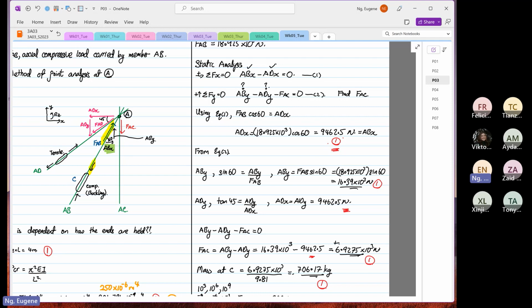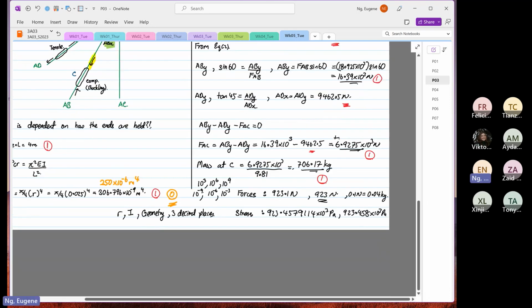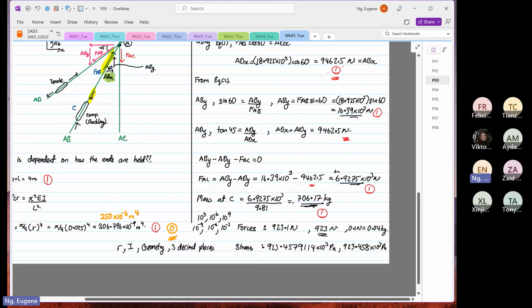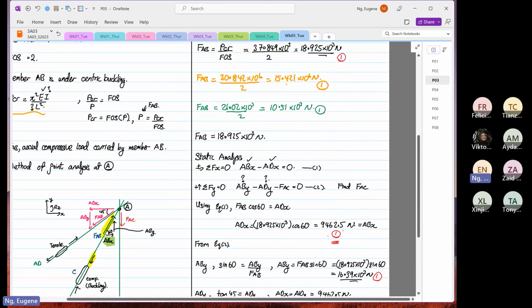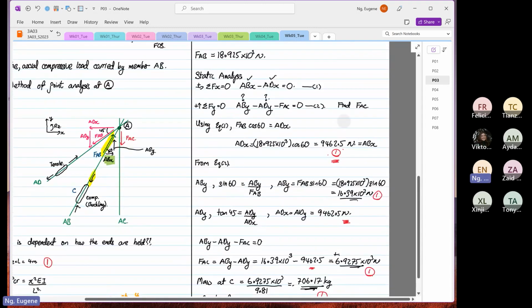But for the solution provided, just check that these values are correct. Don't follow their steps. Now there's another step for this question. That's where the 2 marks come in.